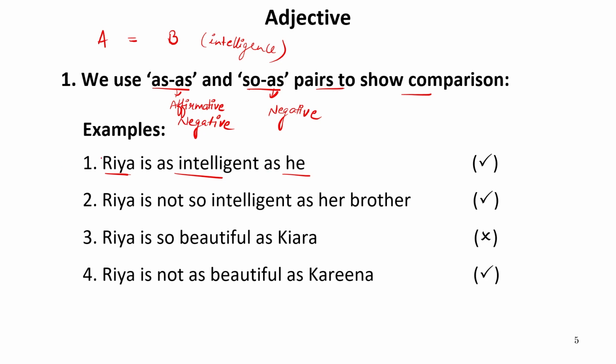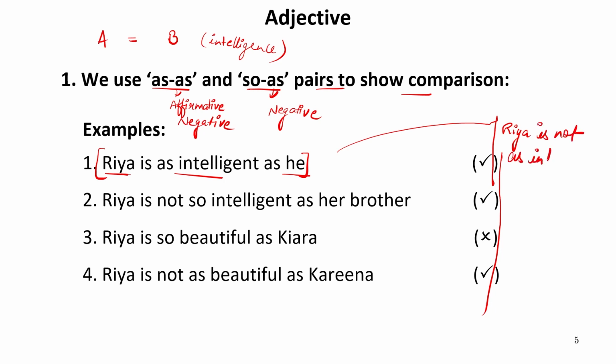Now, if I want to make this sentence a negative sentence, how can it be done? So let us try to convert the sentence into negative. If I say Ria is not as intelligent as he.